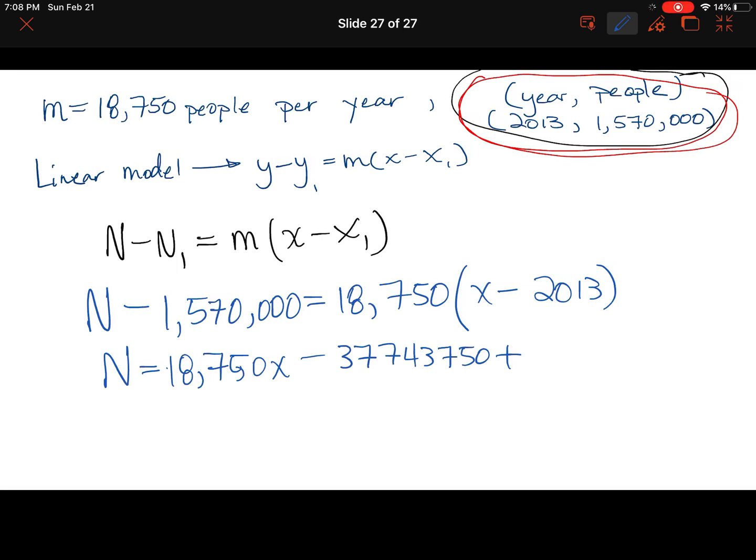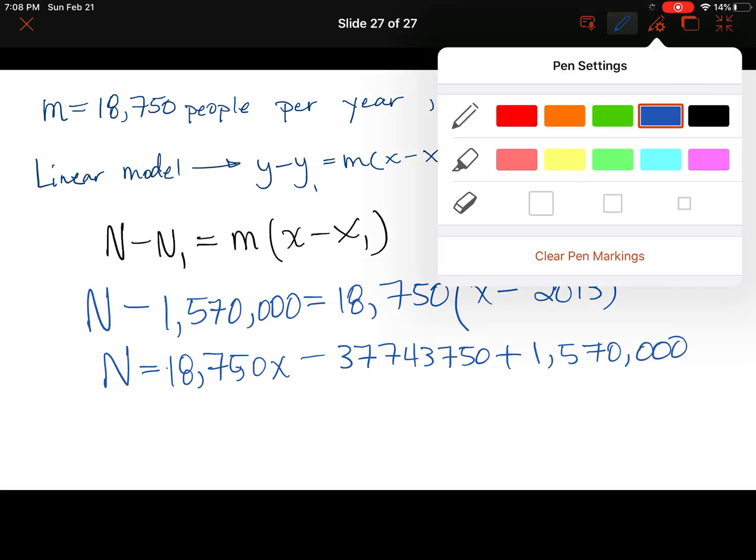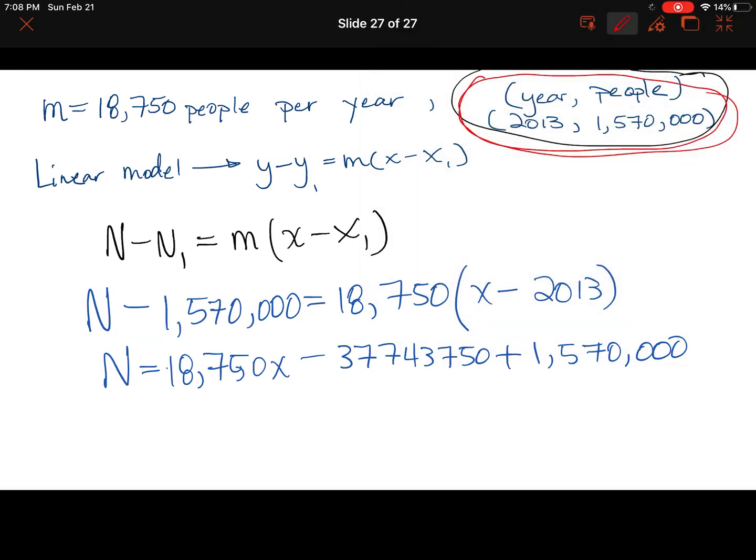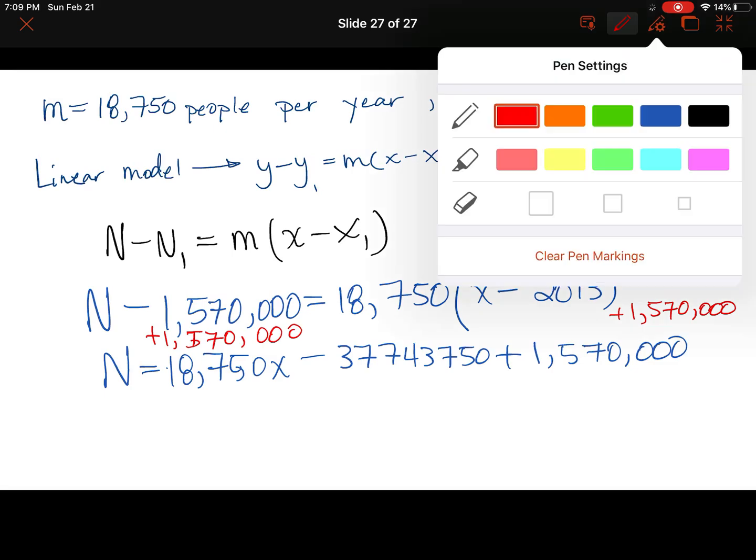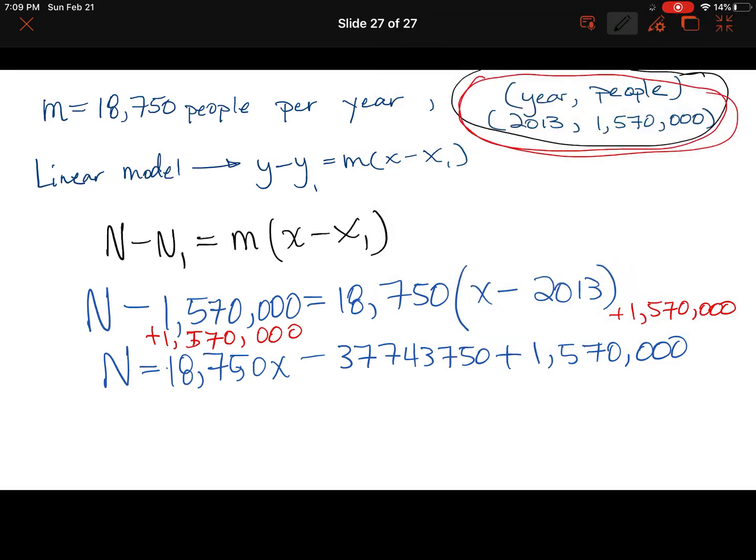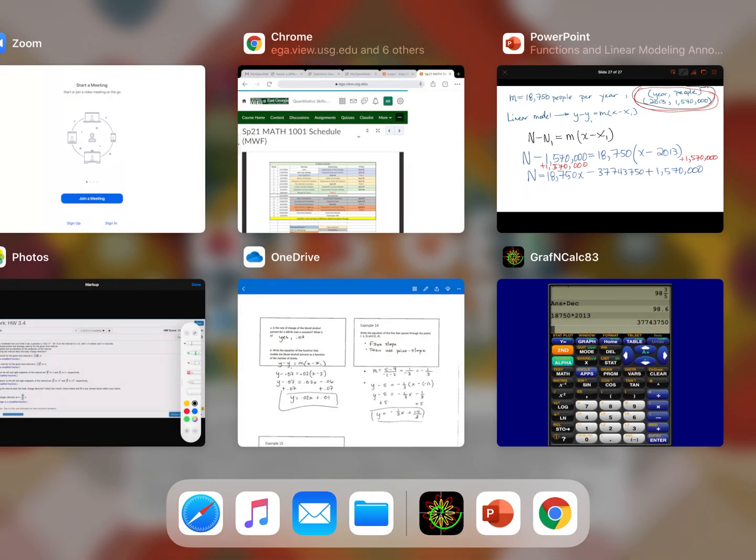37,743,750 plus 1,570,000. Where'd that come from? We had to add this guy to both sides because we want our final answer in slope-intercept form. Let me go ahead and add that to this.